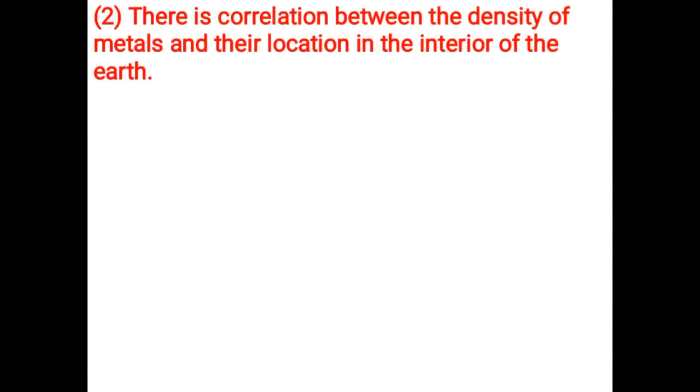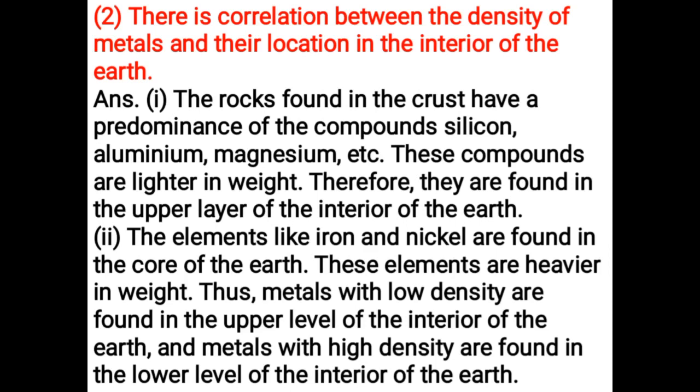There is correlation between the density of metals and their location in the interior of the Earth. The rocks found in the crust have a predominance of the compounds silicon, aluminum, magnesium, etc. These compounds are lighter in weight. Therefore, they are found in the upper layer of the interior of the Earth. The elements like iron and nickel are found in the core of the Earth.